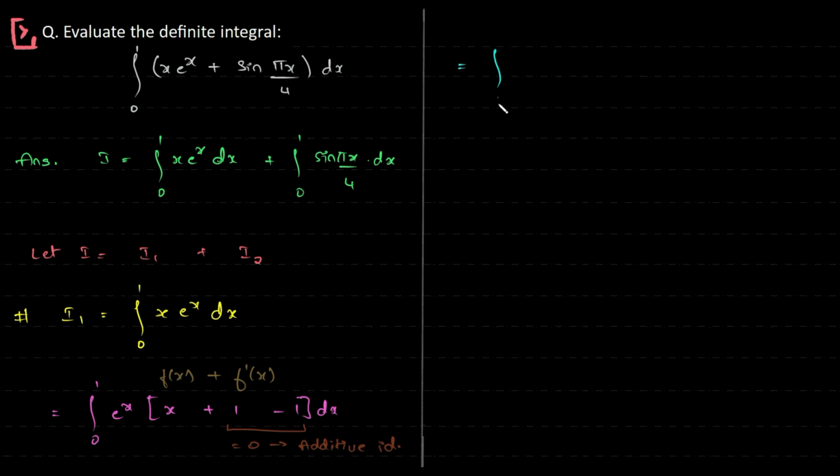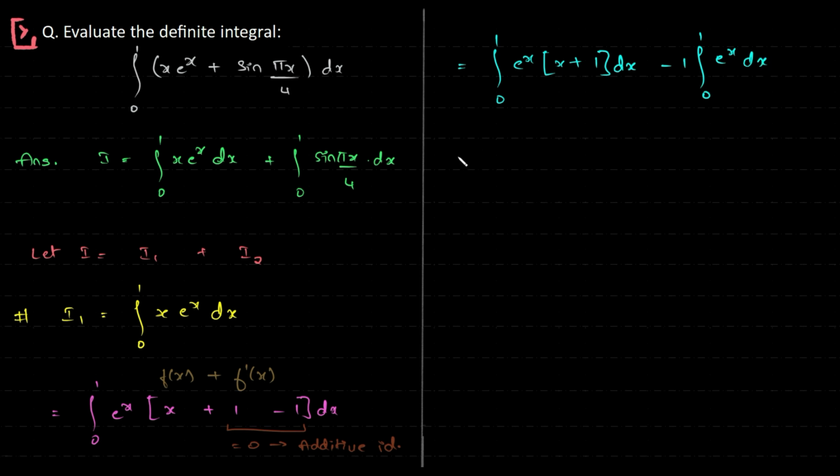I'll show it to you guys. Let me continue. e to the power of x, x plus 1, dx minus integration of 1, so I'm using the distributive property, and we have this.